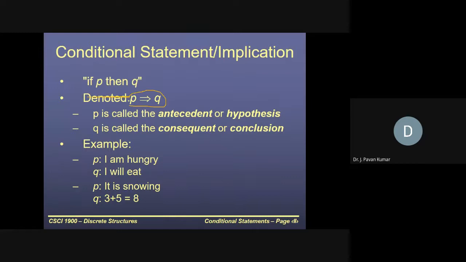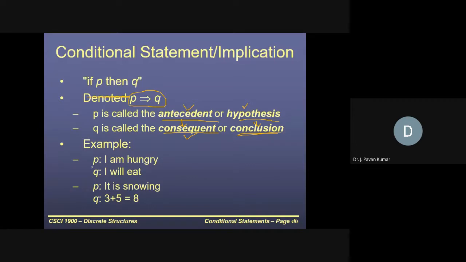In this, p is called antecedent or hypothesis, and q is called consequent or conclusion. You remember like this: antecedent implies consequent, hypothesis implies conclusion. Hypothesis leads to conclusion. If hypothesis is true, then conclusion is true. Similarly, antecedent is true, then consequent is true.